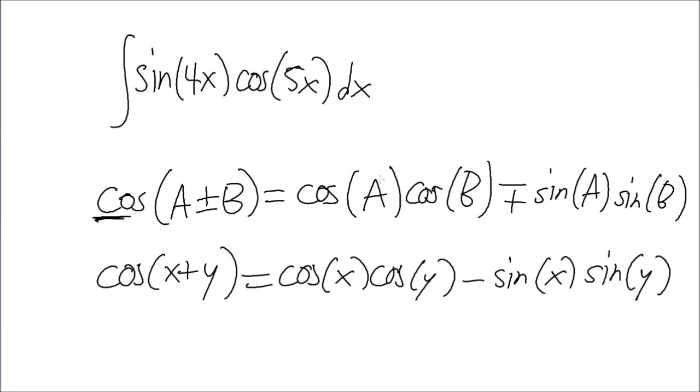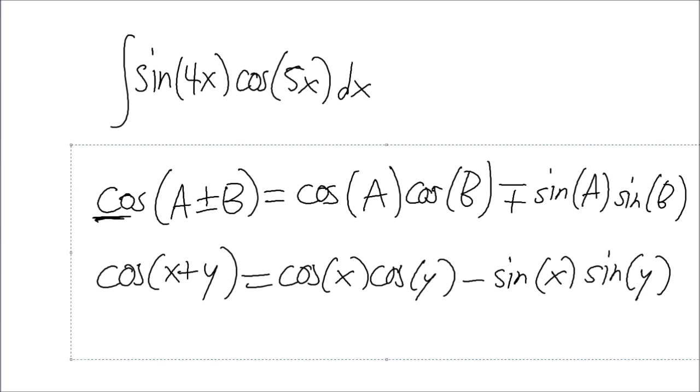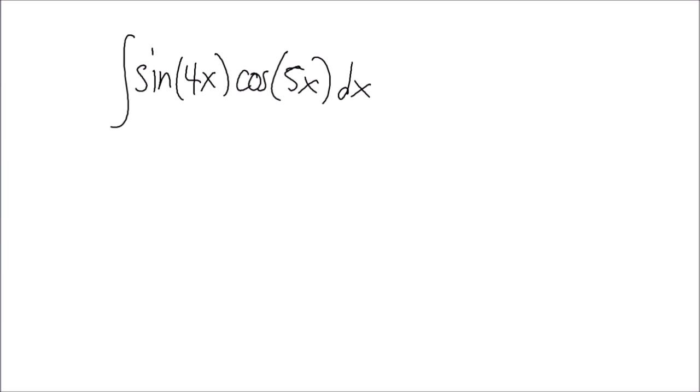So this is the concept we will be using, because I don't have my trig identity memorized for something like this. So here's how I do it. We're working with sine and cosine. What trig identity has the sine cosine pattern?